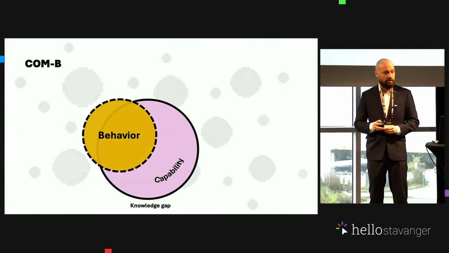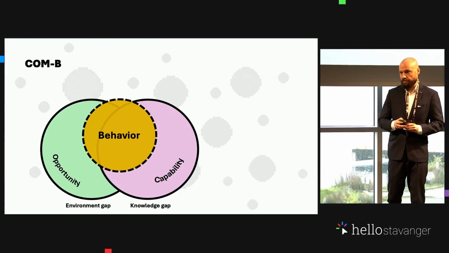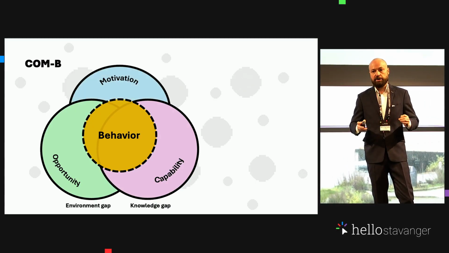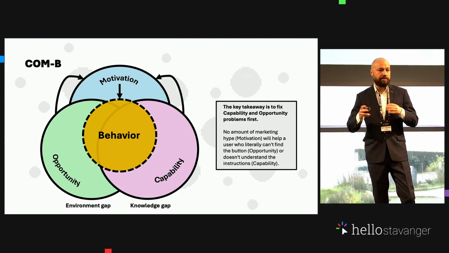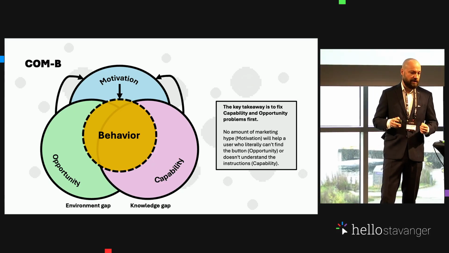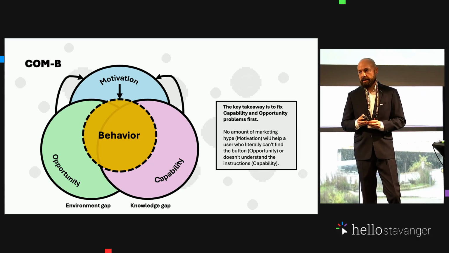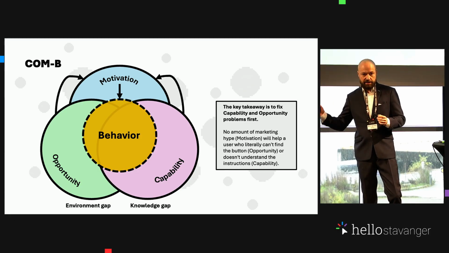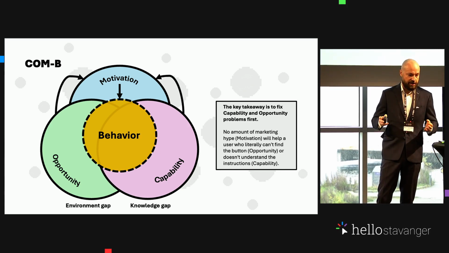Then we have the COM-B model, which is essentially a model that I use when I think of a product as a whole, and I'm thinking of many, many different steps, but something fails. So you have the capability, which is the knowledge gap. You have to ask yourself, does the user actually know what they're supposed to do to proceed?